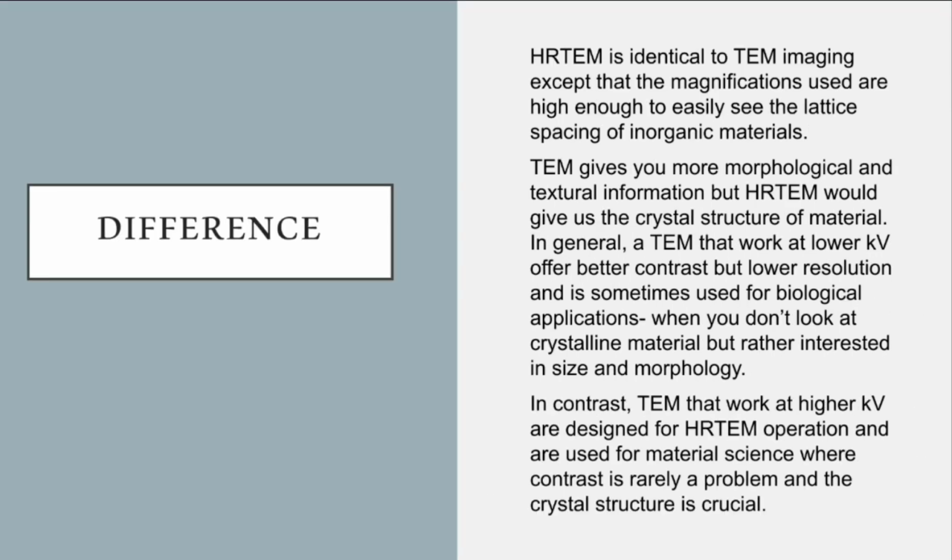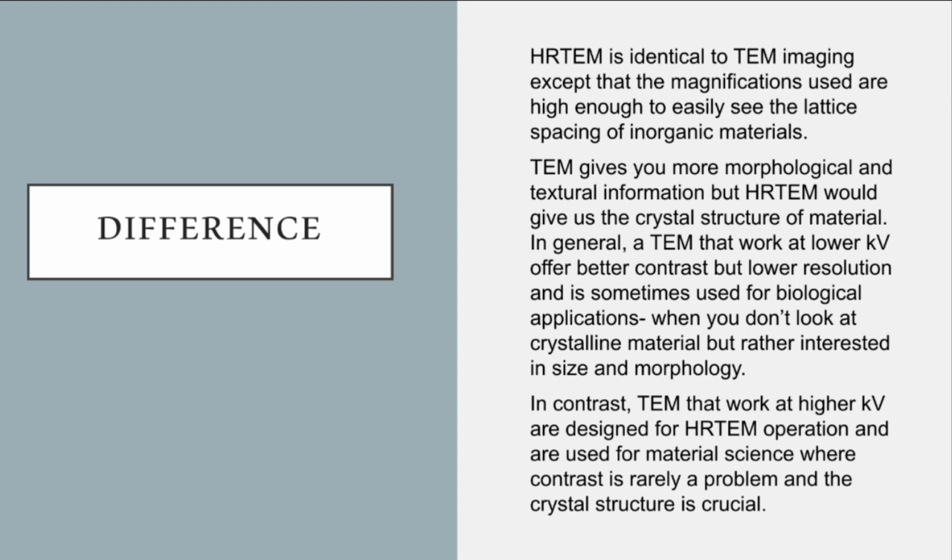Now we will talk about the difference between HR-TEM and TEM. HR-TEM is identical to TEM except that the magnifications used are high enough to easily see the lattice spacing of inorganic materials. TEM gives us more morphological and textural information, whereas HR-TEM gives us the crystal structure of the material.